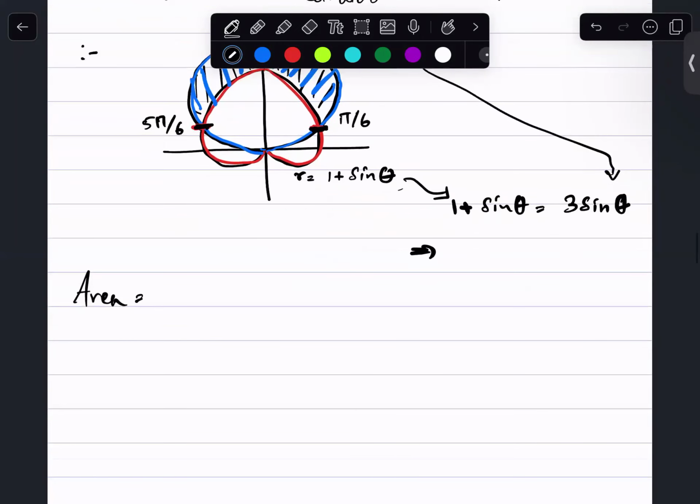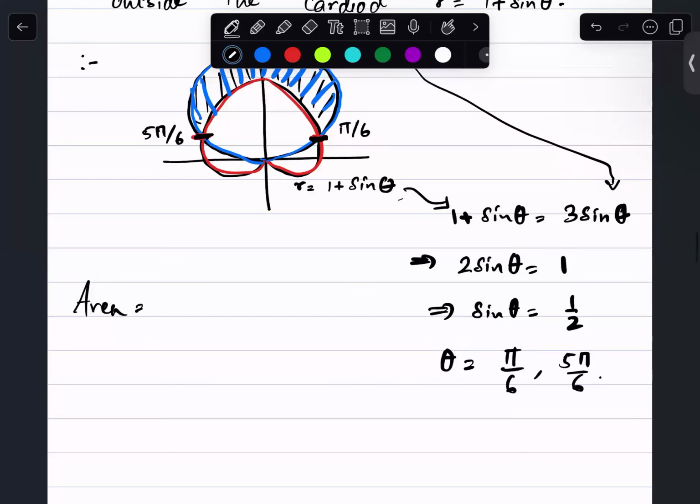If I simplify it further, I'll get 2 sine theta to be 1 and then sine theta to be half. Then I figure out that theta should be pi over 6 or 5 pi over 6.